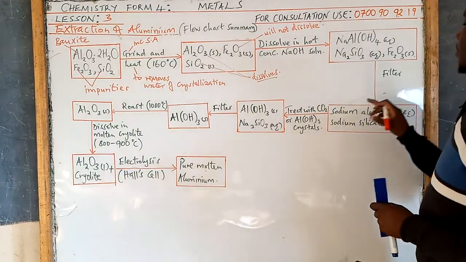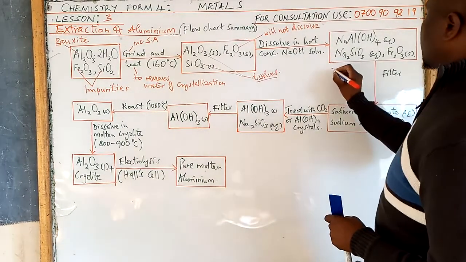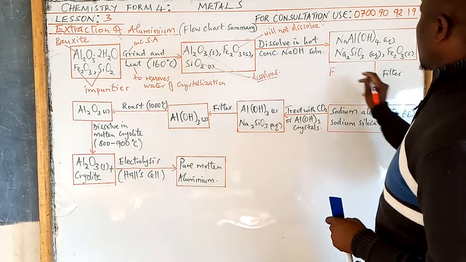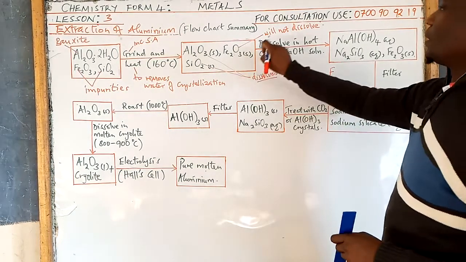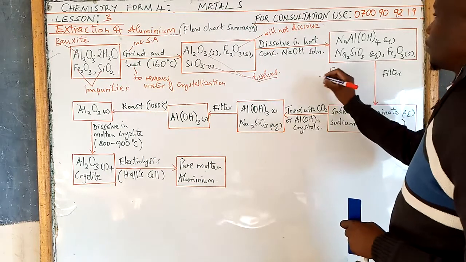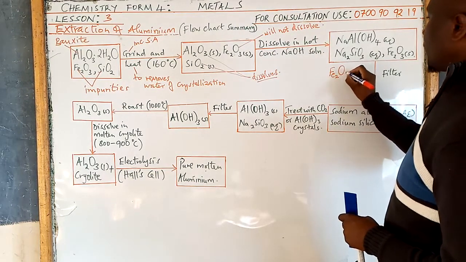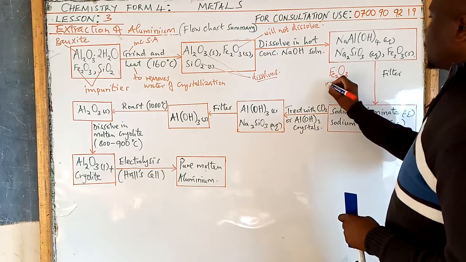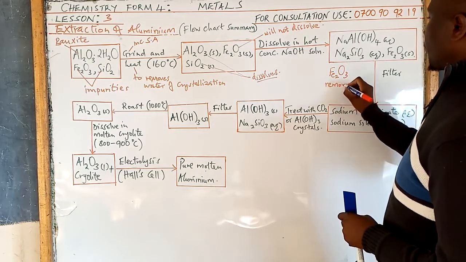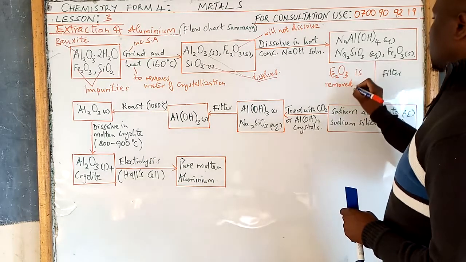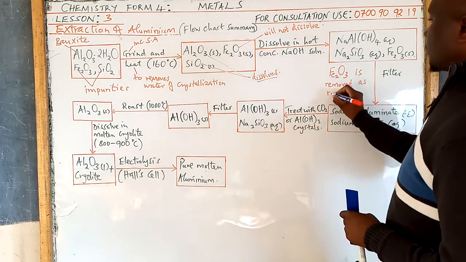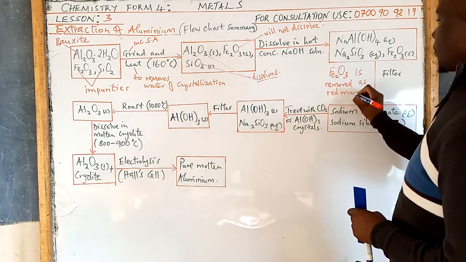So at this point, when you filter now, completely this one that did not dissolve is removed. So iron 3 oxide is removed. So it's removed as red mud.